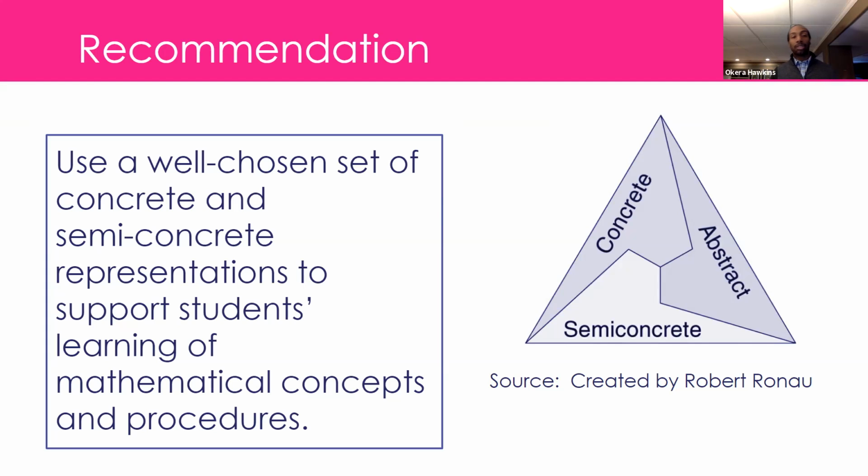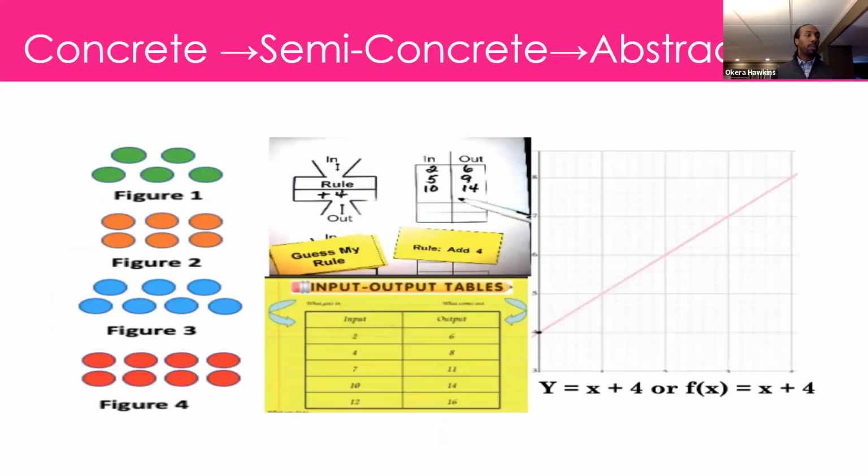And once we provide students with a concrete and semi-concrete example, then we can go ahead and move on to the abstract. And the students can see the connection between those first two examples and that abstract example. So one quick explanation of this is if we're thinking about function notation or a linear equation, we can start by modeling the difference from one figure to the next.